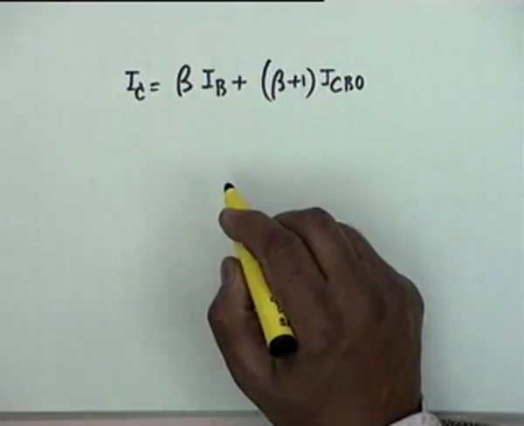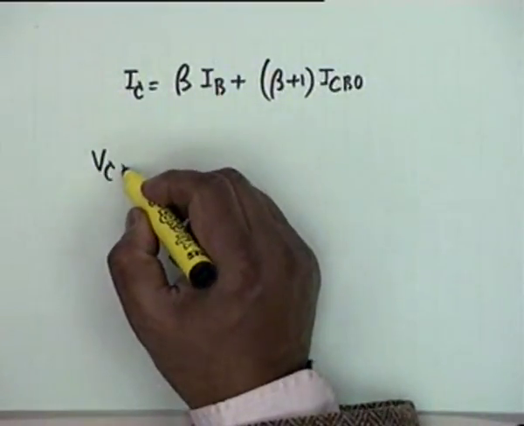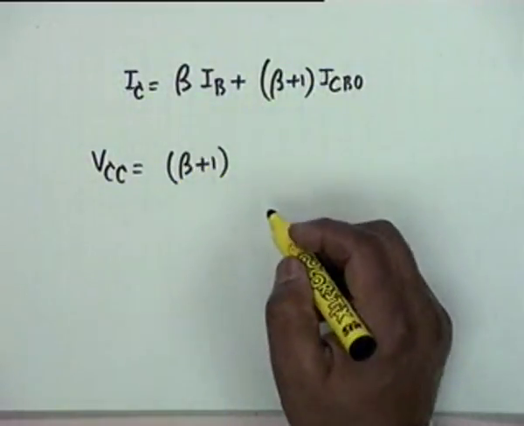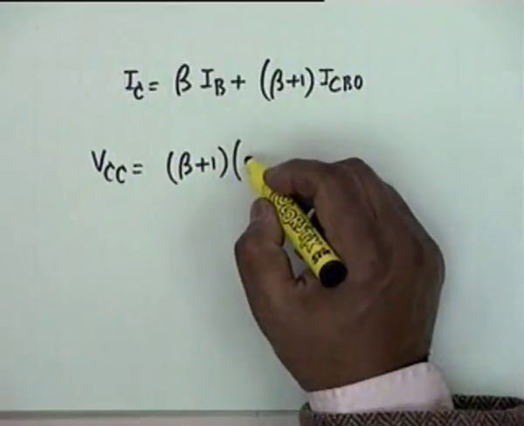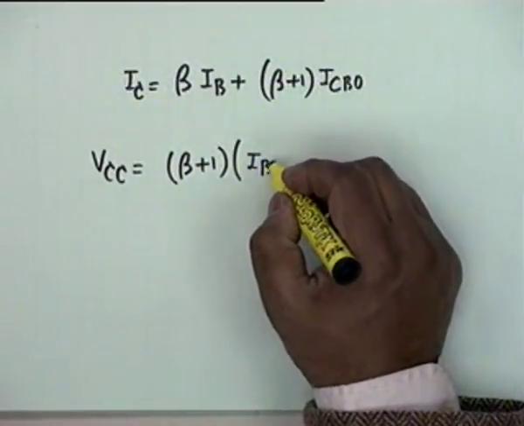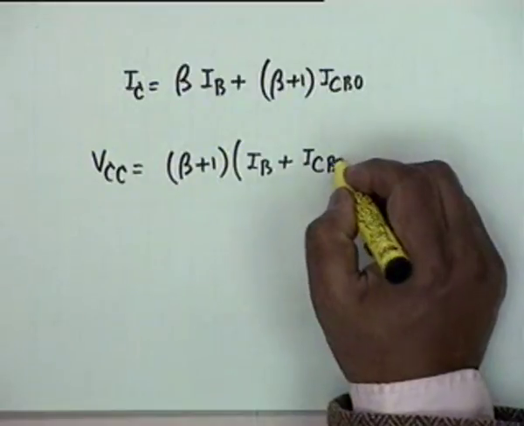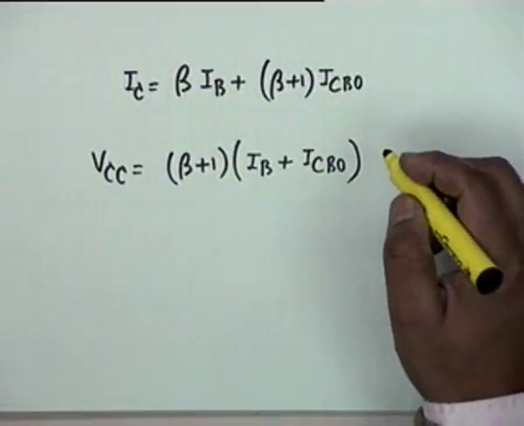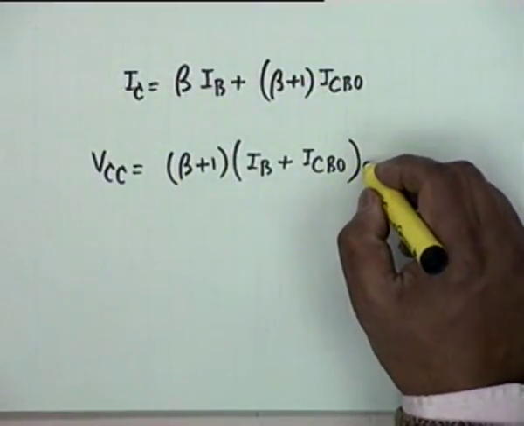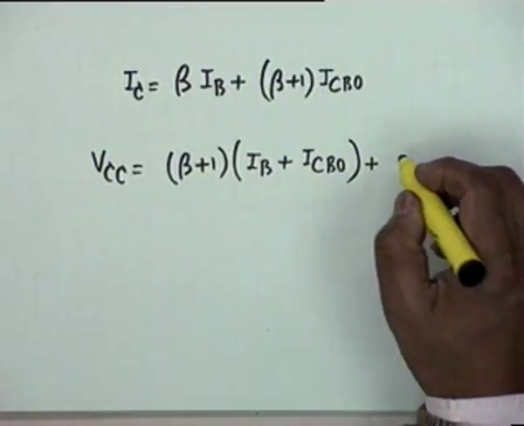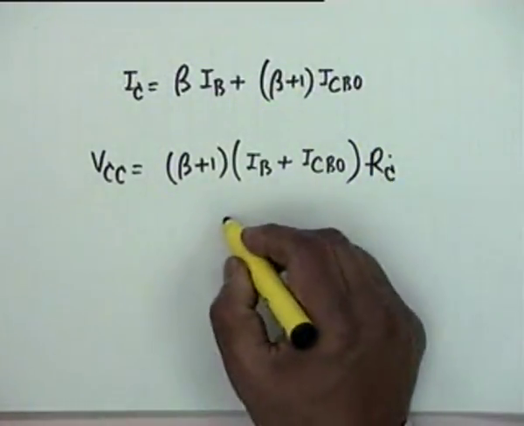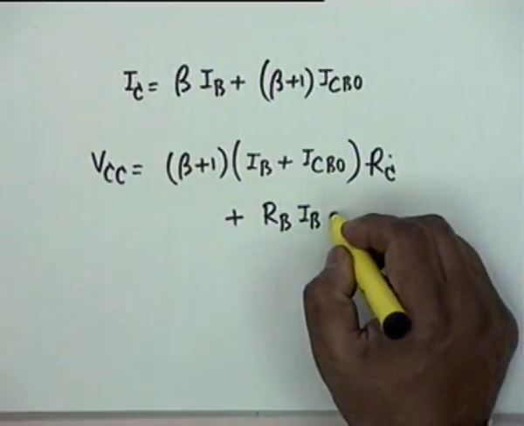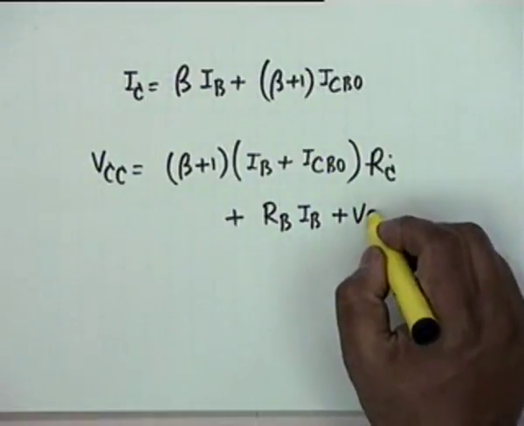So if I substitute this in this expression, then I get VCC as equal to beta plus 1, very interesting, IB plus ICBO. Do you see why? Yes. Beta plus 1 times IB plus ICBO, times RC plus RB IB plus VBE.